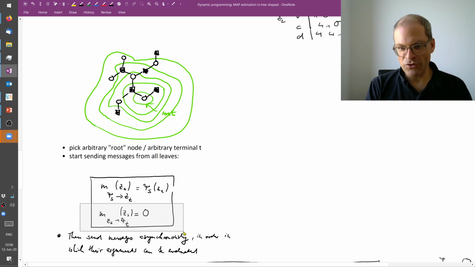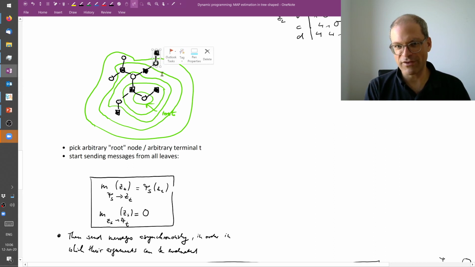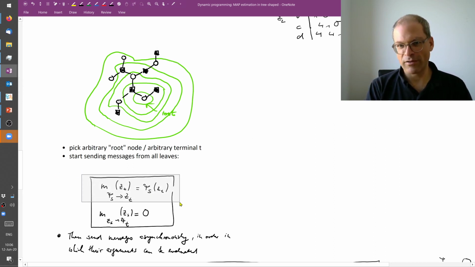If it has no unary associated with it, then the message will be 0. But sometimes a variable has a unary associated with it, like a preference to be in one given state. Then the first message is just the value or the cost of being in any of those states. So these are the boundary conditions. These are the first messages that are sent from the leaves towards the root.